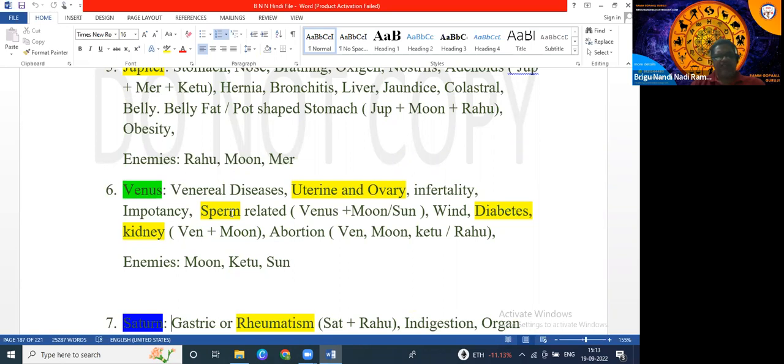So suppose Venus is with Moon or Venus is with Ketu or Venus is with Sun, anywhere in the 1, 5, 9, 3, 7, 11 or 2, 12 combination from Venus, definitely the native will get diabetes, or stones may be formed, or if Venus and Ketu are there, generally uterus removal for women.